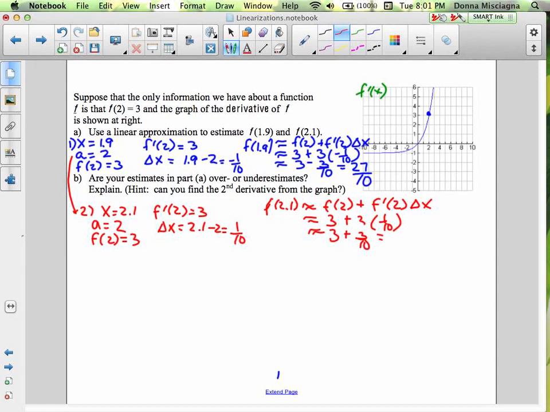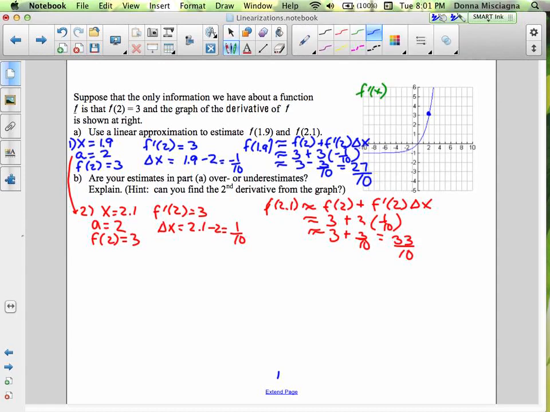Which is 33 tenths. There we go. And it makes sense that they would be, we're going up, 1.9 and 2.1 are the same distance from 2, and we're using a linear model. So we kind of expect now we're adding a tenth. All right.